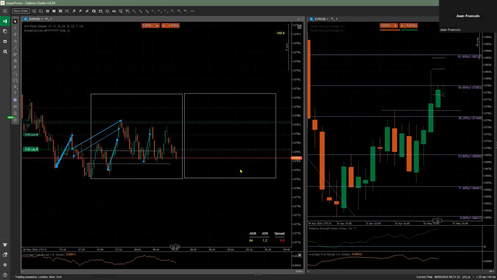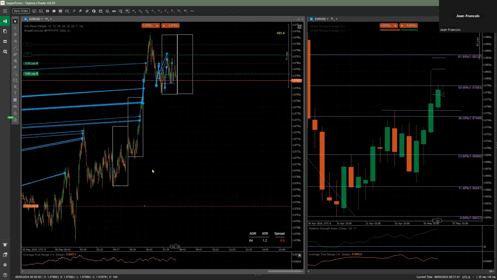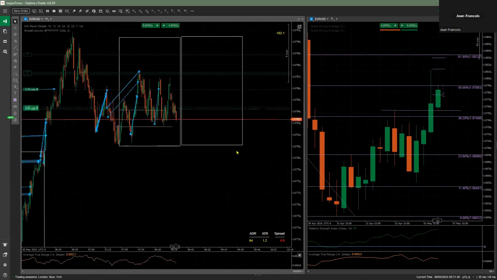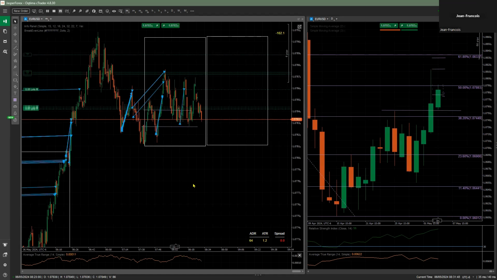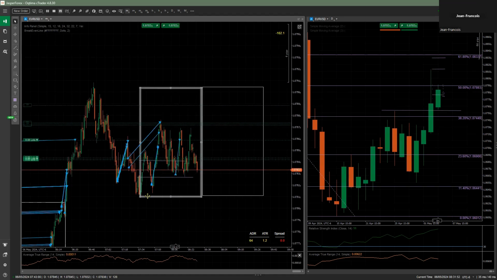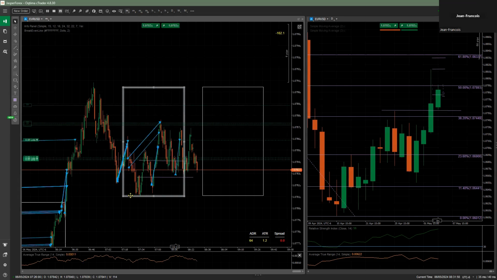Sideways for a whole hour, and the range was 6 pips. All right. Trying to trade a trend works, but I don't have the capacity to sit here and wait for that breakout.